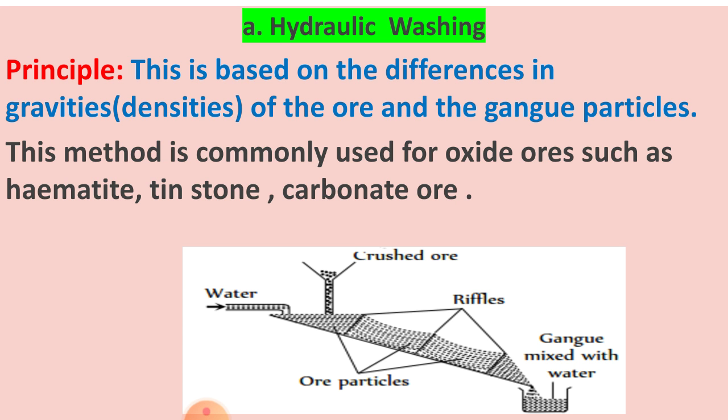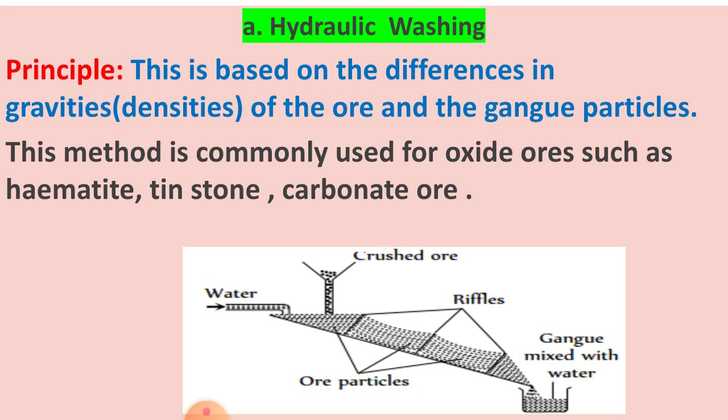Look at the diagram properly. Now the powdered ore is suspended in a stream of water. The heavier ore particles collect behind the riffles and the gangue particles are carried away from the apparatus, into containers, with the stream of water. So this is basically hydraulic washing.